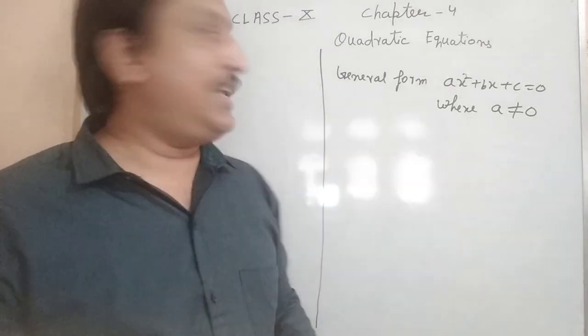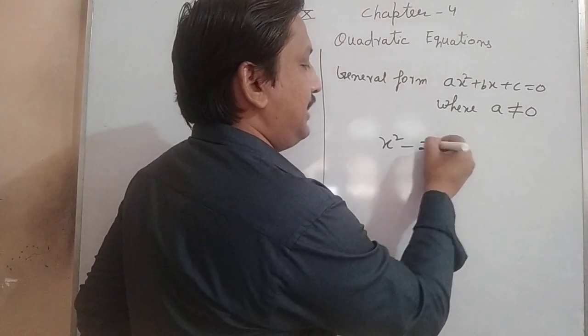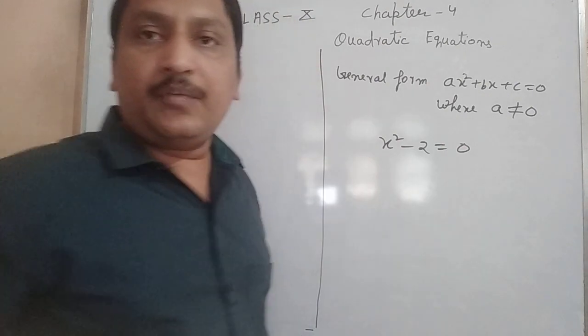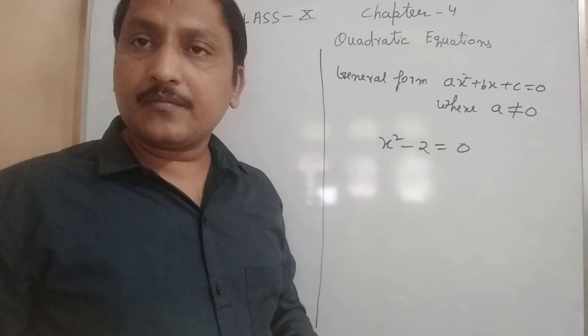Suppose the equation is x square minus 2 equals to 0. We have to check whether this is a quadratic equation or not.